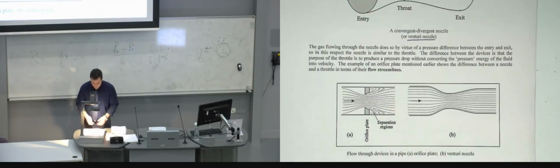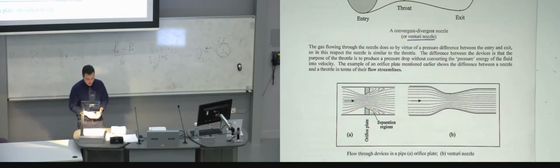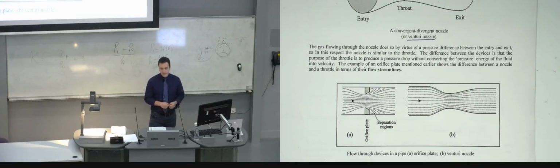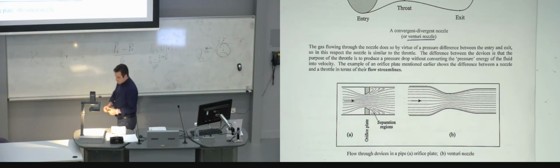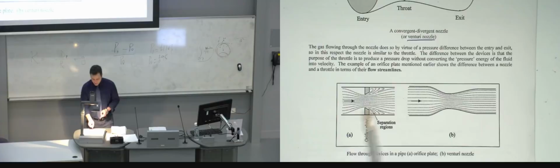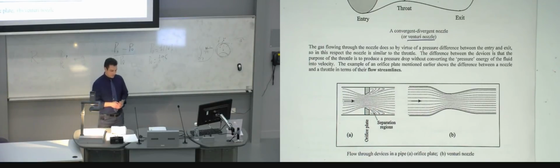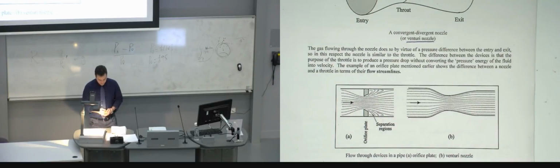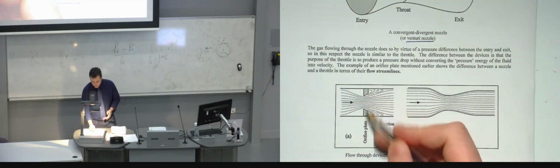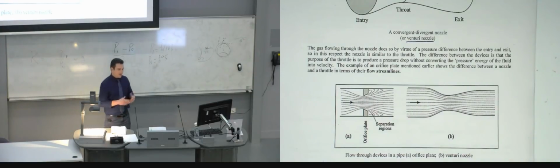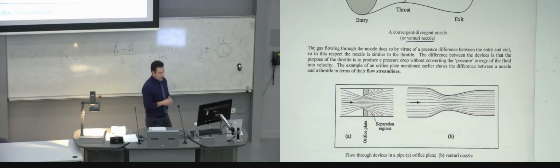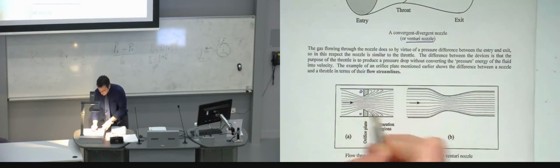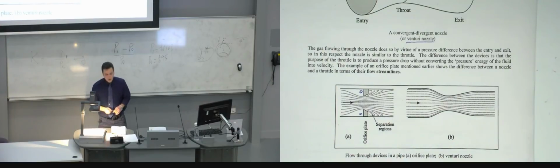One important difference between what we introduced last week in terms of the way that valves operate in the form of an orifice plate, and what we know as the nozzle, is very important. In the case of an orifice plate, you can very clearly see, because of these two sharp edges and sudden restriction of the cross-sectional area, you're going to have some stagnation around these areas, and you're going to have sudden expansion of the flow cross-sectional area.